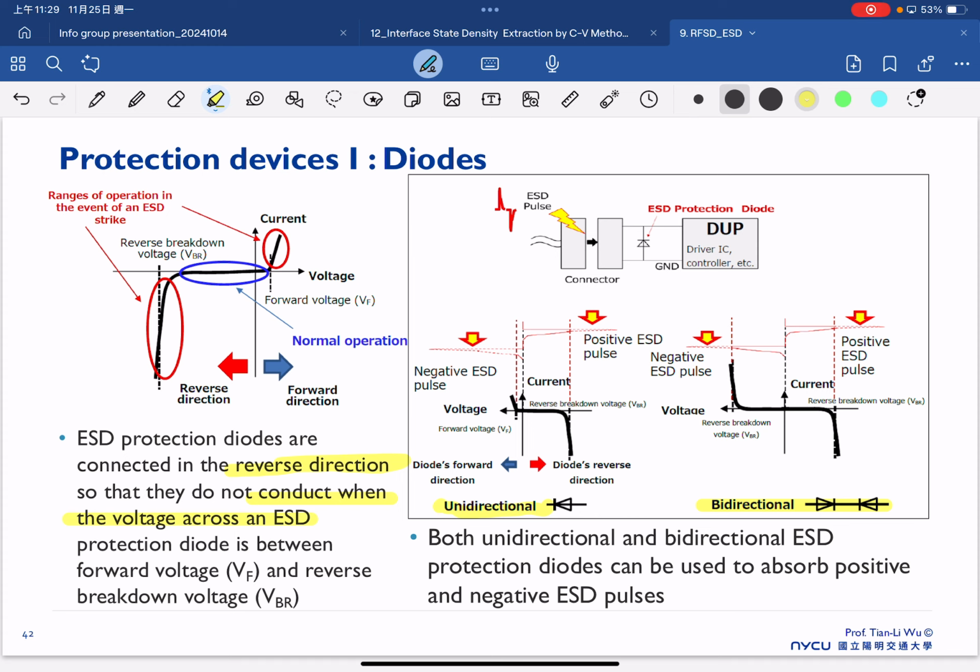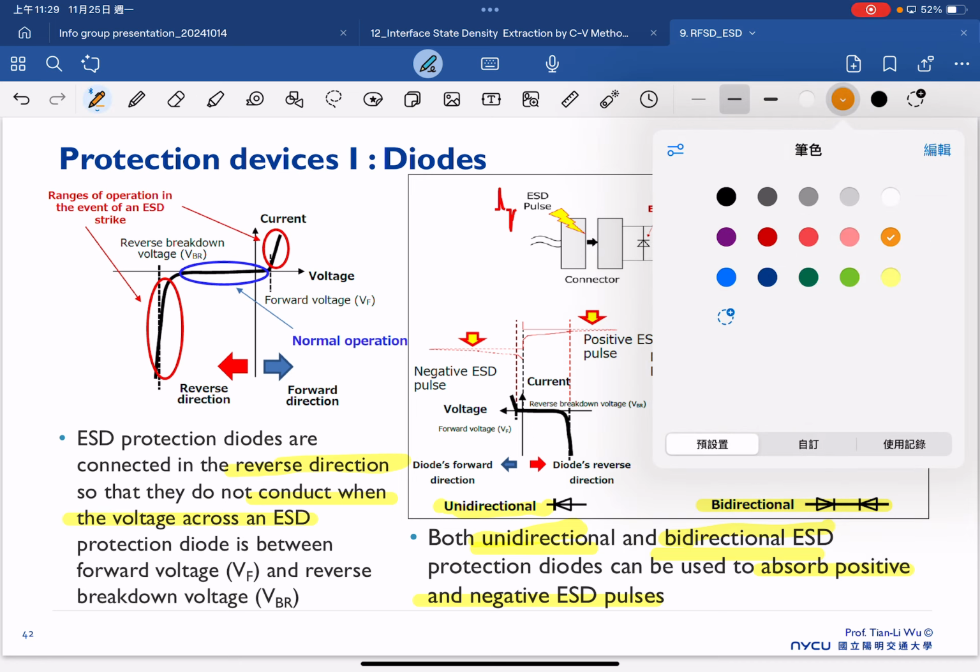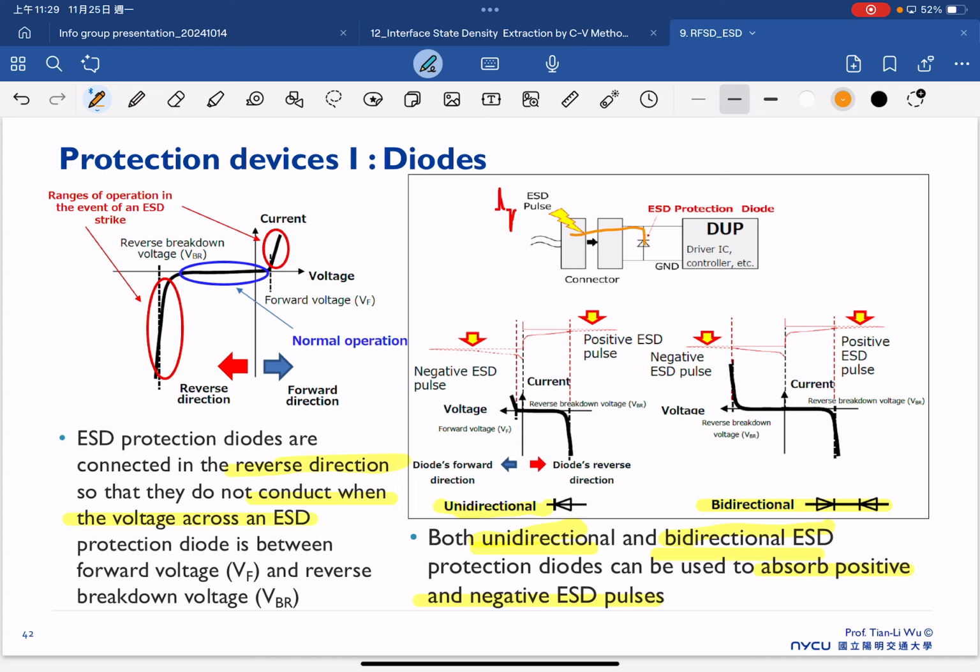Both can be used, the idea is just to absorb the positive and negative ESD pulses so our device under test won't be damaged. The idea is the same: once we have an ESD event, we use this ESD protection device to shunt away the signal, and therefore our device here won't be damaged.